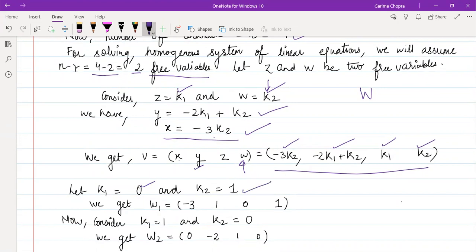If we put K1 as 0 and K2 as 1 in this arbitrary vector V, we get a vector, which we have named W1, and it has this form.